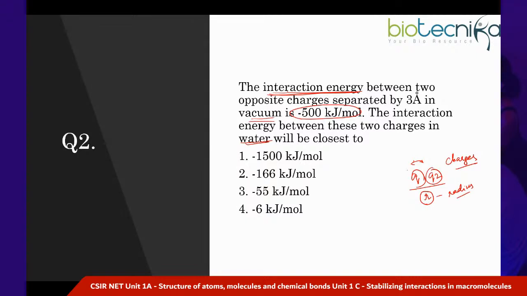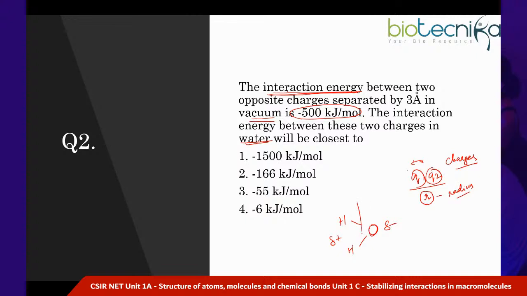What do you call a polar molecule? A polar molecule has a polar covalent bond. An example of a polar molecule is water, right? You have the hydrogen, which has a delta positive charge, and delta negative charge for oxygen.